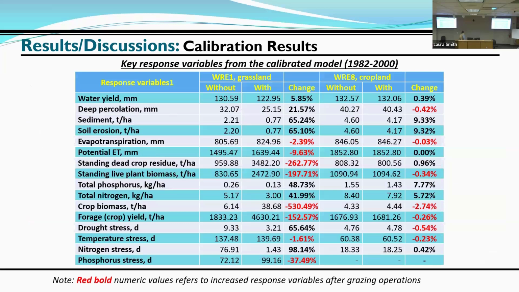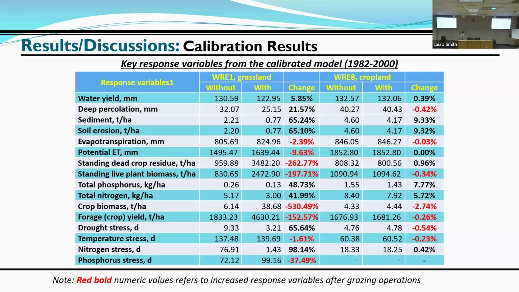Here are the key response variables from the model simulation. Please note that a negative numerical value refers to an increased response variable after grazing operation. In WRE1, water yield and deep percolation decrease, but in WRE8, water yield is slightly increased, but deep percolation is decreased.